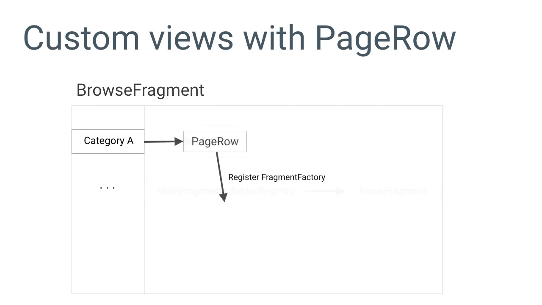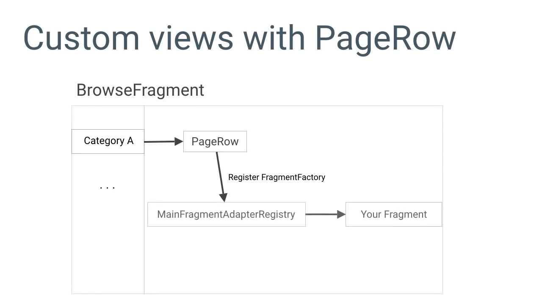For page rows, you want to pair each header item with a page row, and then register your factory with browse fragment. Then as soon as browse fragment sees a page row, it's going to look into its registry, find your factory, and then using the factory, it's going to instantiate your fragment and render that in the main content area. With that being said, we'll jump into a demo and see this in action.